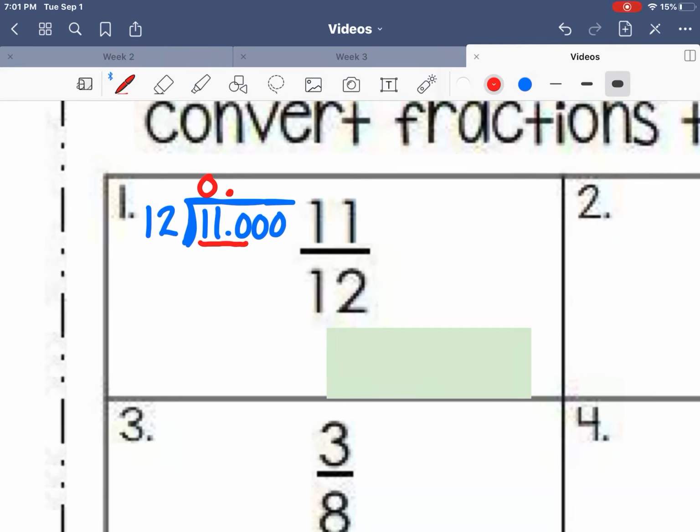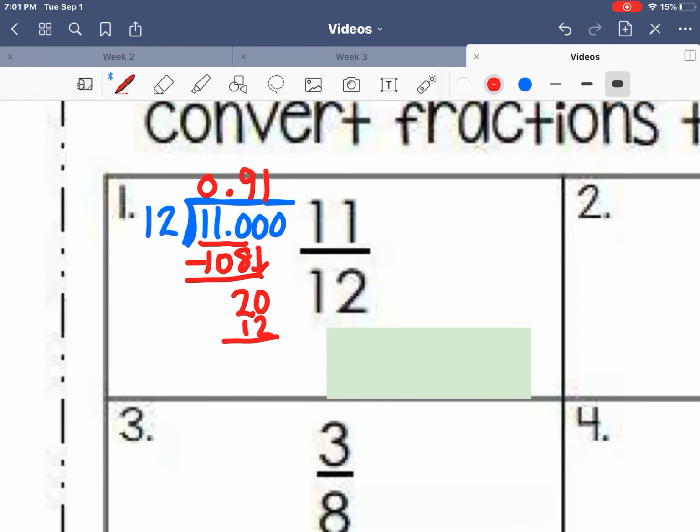12 going into 110 will actually go 9 times, because 9 times 12 is 108. Then when I subtract, 110 minus 108 is 2. Then bring down a 0. 12 will go into 20 one time.